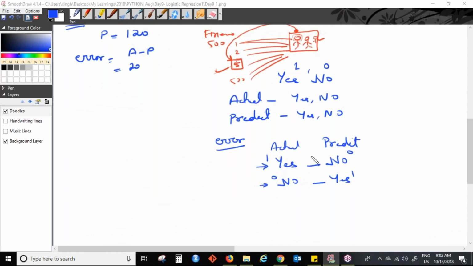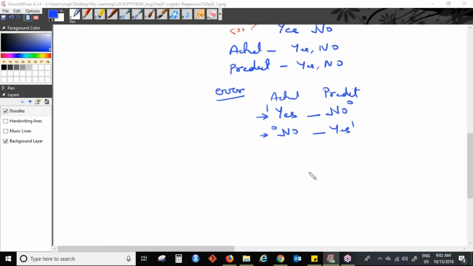Okay. And where can you go correct? So let's also calculate the accuracy. Just like we discussed in case of regression, there are two ways of looking at a model. Either you can look at how good the model is or how bad the model is. When you look at the error, you are being pessimistic and looking at how bad the model is. When you look at accuracy, you are being optimistic and looking at how good the model is.